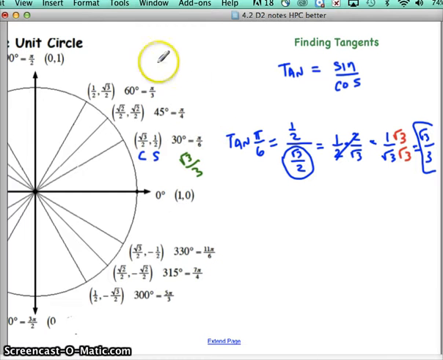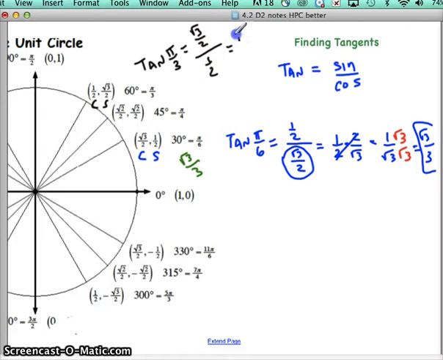Let's look at tangent of 60 degrees or pi over 3. So if I was doing tangent of pi over 3, I would take sine, which is root 3 over 2, divided by cosine, which is 1/2.